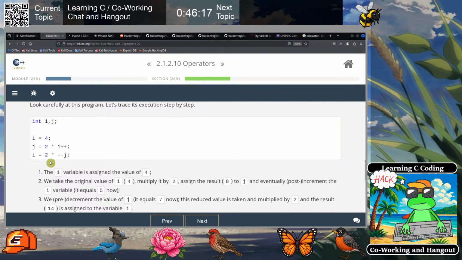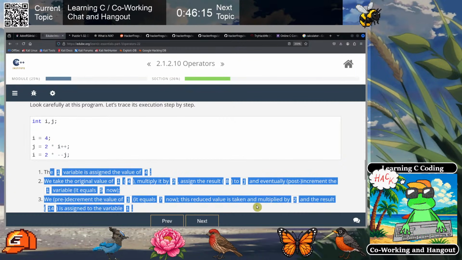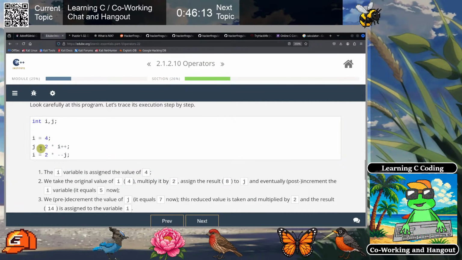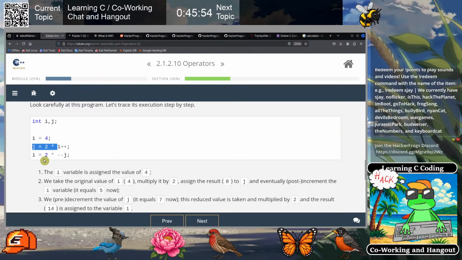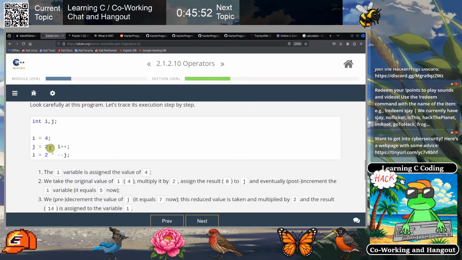Okay, before we take a look at the explanation here, let's think about what this could be. So i equals 4, j equals 2 times i. So 2 times i is 8. So j equals 8. But i becomes incremented. So i becomes 5. So j becomes 8, and i becomes 5.